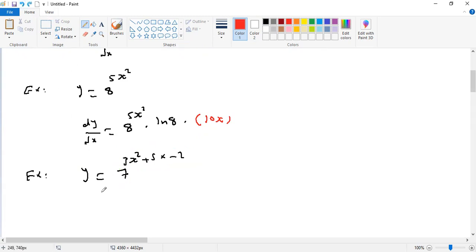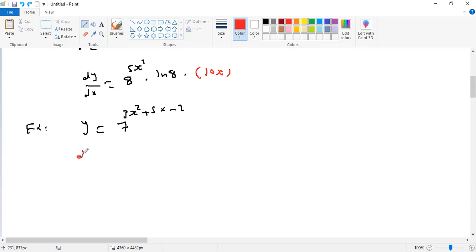So the derivative dy/dx equals, again, write 7 to the power 3x squared plus 5x minus 2 as it is, times ln 7, the base, times the derivative of the power.